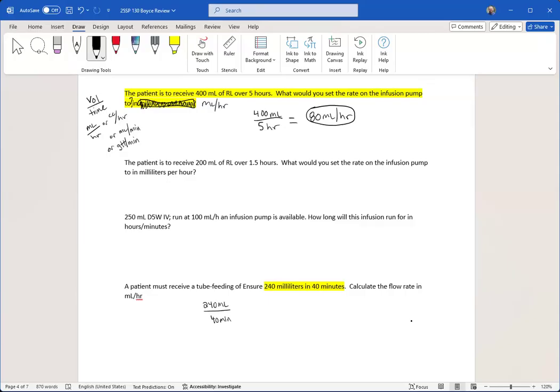When you're doing your rotations, you probably see that when a patient is on an IV, the units are typically set at milliliters per hour. So that's what we're working towards, that standard. So all I'm going to do is convert minutes to hours. And then 240 times 60 divided by 40. And then I'm going to get 360 milliliters per hour.